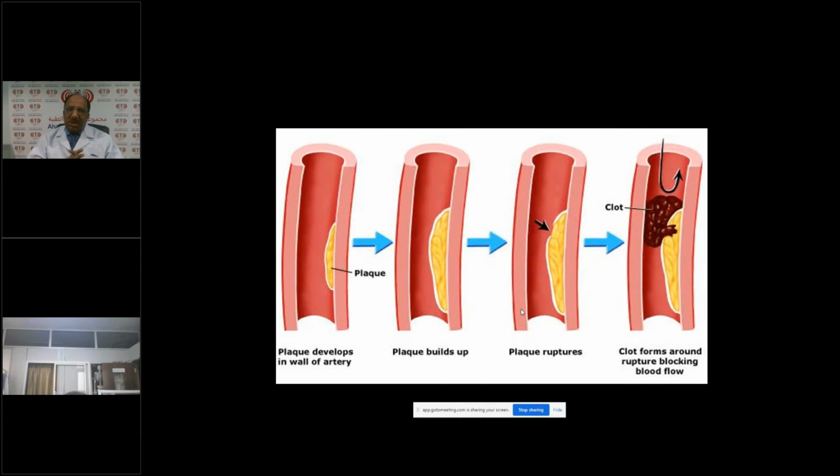And this rupture is so unexpected and unpredictable. And the rupture may cause a clot which may occlude the artery subtotally or totally, resulting in either a STEMI or an NSTEMI or unstable angina. Unstable angina may also be due to spasm of coronary arteries. So whether the patient would develop a STEMI or NSTEMI depends upon the severity of occlusion, whether it is subtotal or total, how much of collateralization is there in the jeopardized area, and also the site and the duration of occlusion.